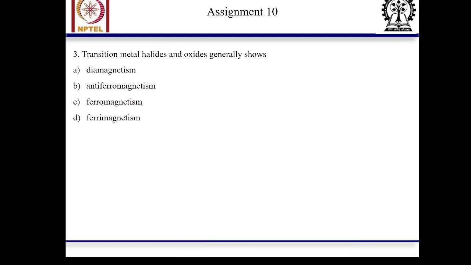Transition metal halides and oxides generally show what? What is the correct answer for this? A, diamagnetic; B, antiferromagnetic; C, ferromagnetic; and D, ferrimagnetic. Can anyone just tell the answer for this question?